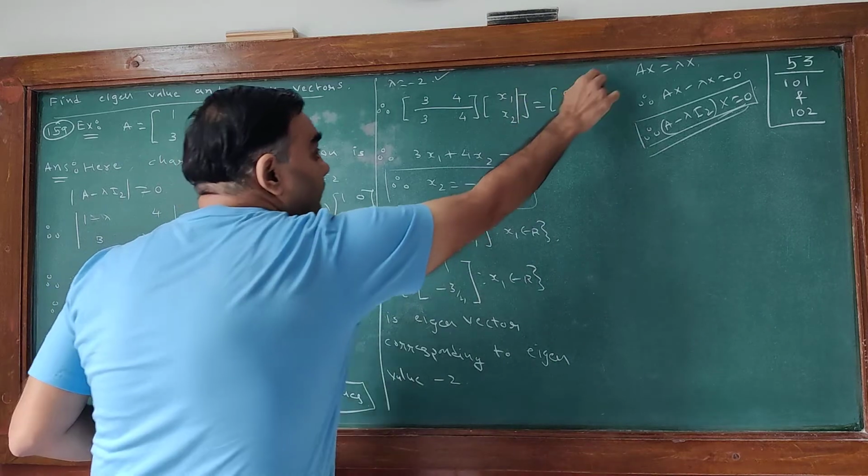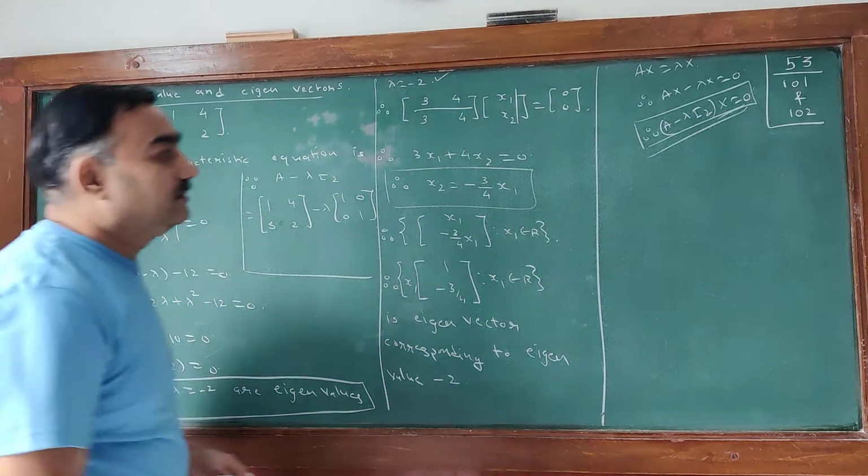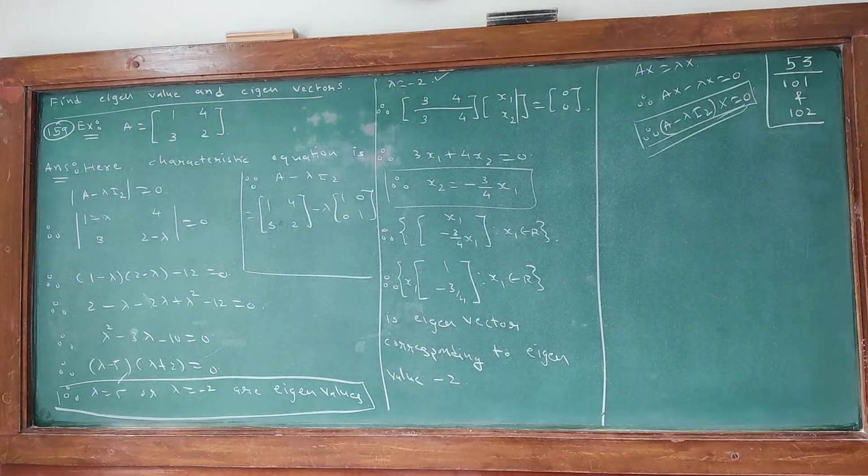So this is half of the answer. Yet we have to find eigenvector corresponding to lambda equal to 5. But check it once more.